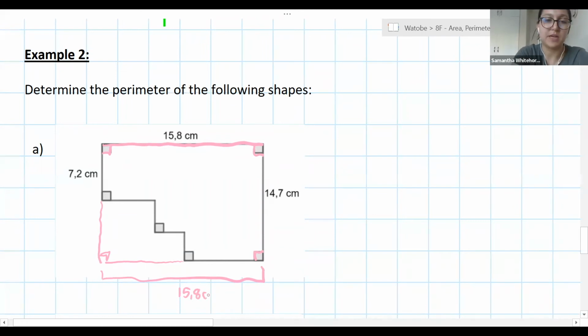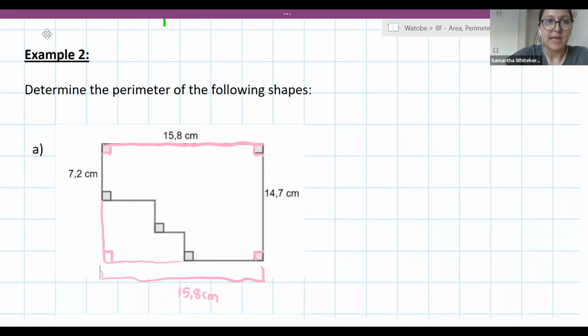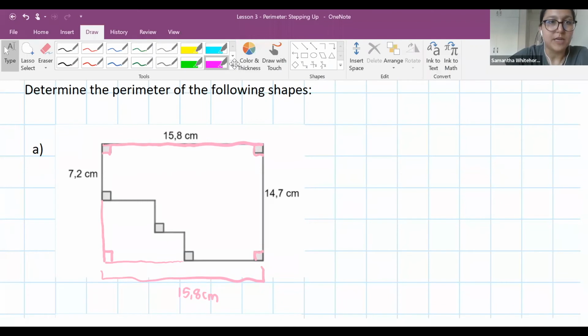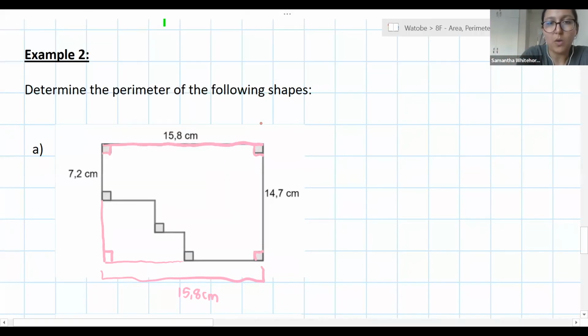Right, that will eventually become important to us, but let's keep having a look. And this drawing that I've done is atrocious. So let's try again. Okay, there we go. So that's 15,8. The next bit of information that I've been given is that the whole side length is 14,7 centimeters, which means that if I go and determine this whole side length here, this should also be 14,7 centimeters.